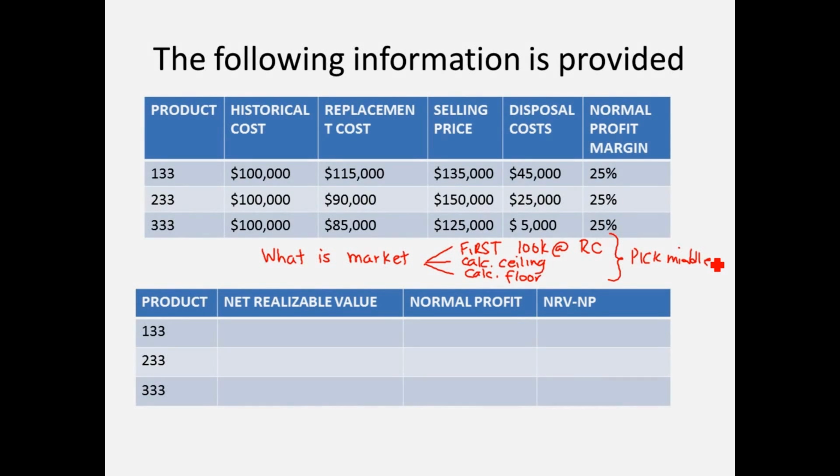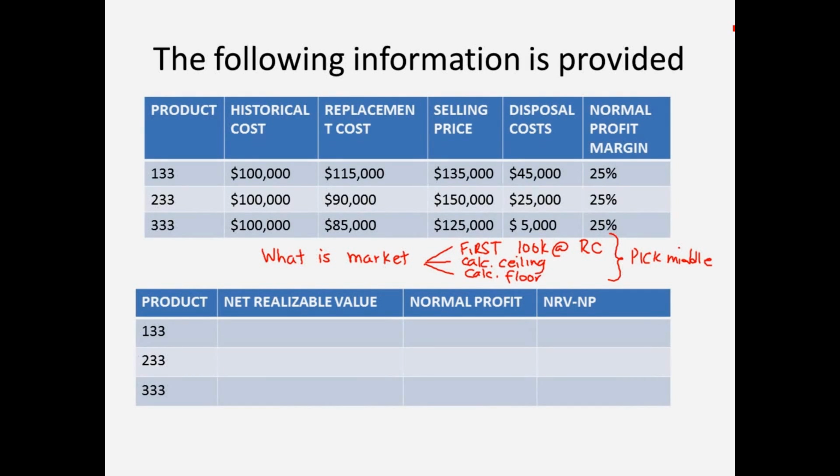So let's figure out what the market is for all of these products. What is the net realizable value of a product? It's the selling price minus the cost of selling it. Not the cost of sale, not the cost of the product, but the cost of selling, or disposal cost. So in the first case, what is the net realizable value? 135 minus 45, so what is that? 90,000.